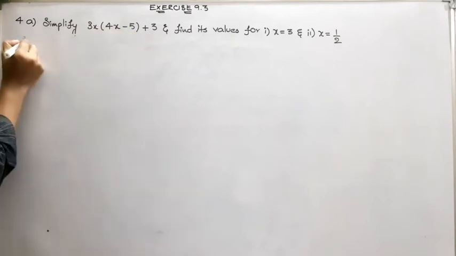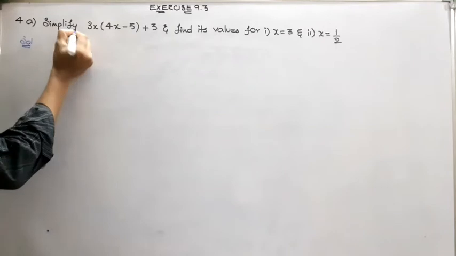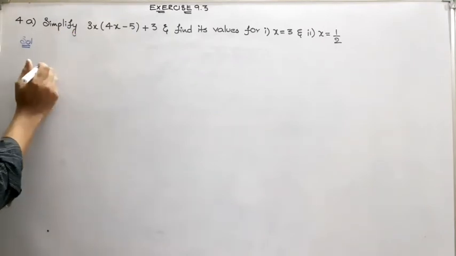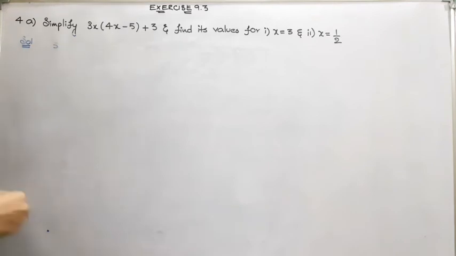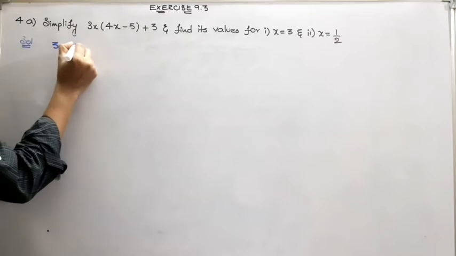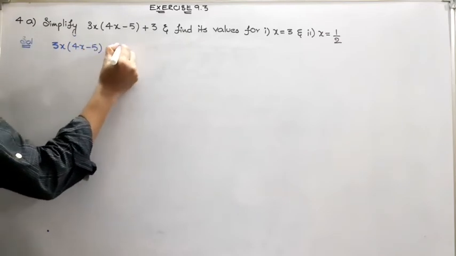So simplify means if there is any chance of multiplication and to find the terms, then we have to do that process. So the given expression is 3x multiplied by 4x minus 5 plus 3.